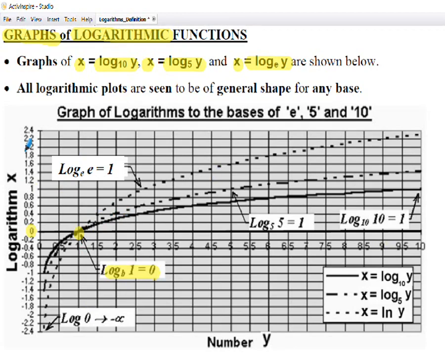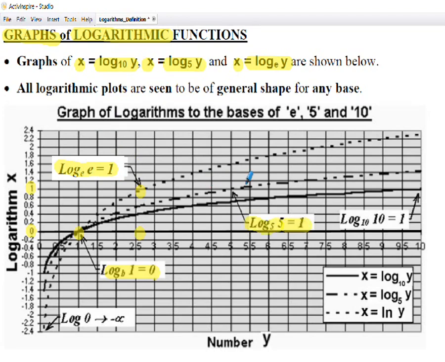Let's take now the logarithm x is equal to 1. Notice from this expression here, we've got log to the base e of e is equal to 1. In other words, when we take the log to the base e of the actual base e, we get a value of x is equal to 1, and that relates to the base of e. If we take the log to the base 5 of 5, we get 1.